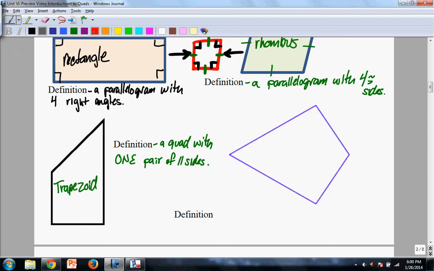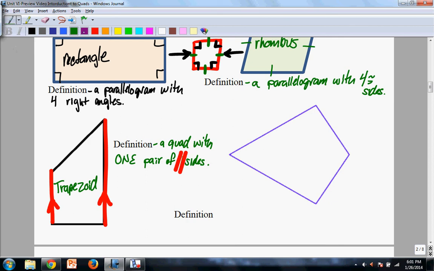Unlike a parallelogram, which has 2 pairs, a trapezoid has only 1 pair of parallel sides. Technically, we call these the bases, even though it's rotated on the side. The parallel sides would be 1 pair instead of 2. 2 would make it a parallelogram. A trapezoid only has 1.